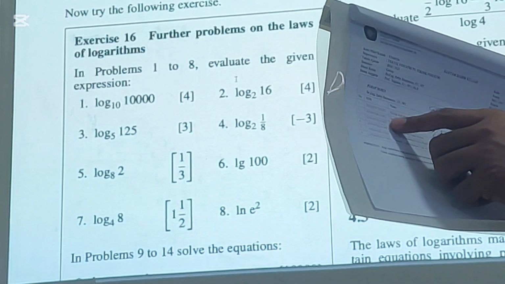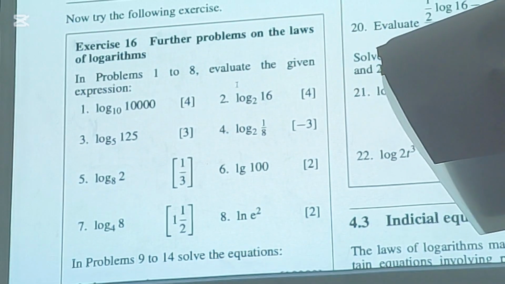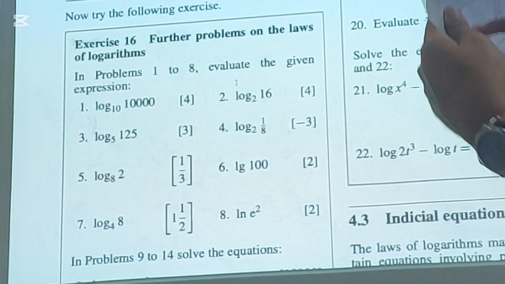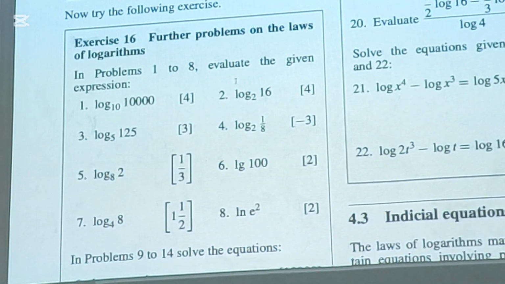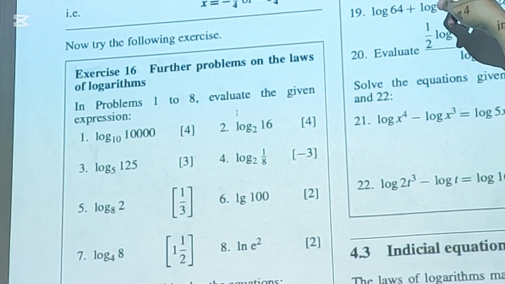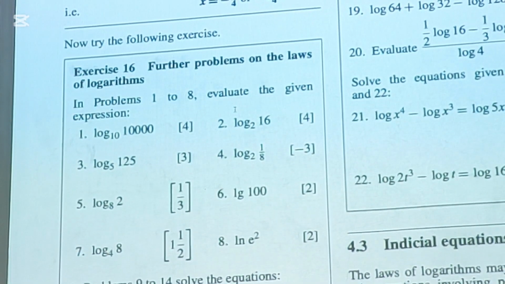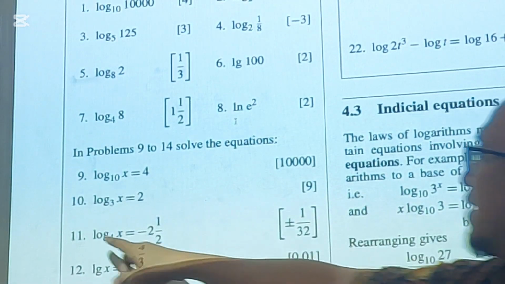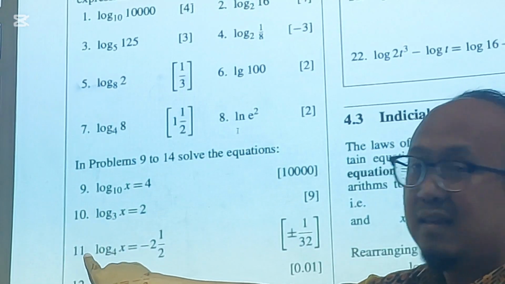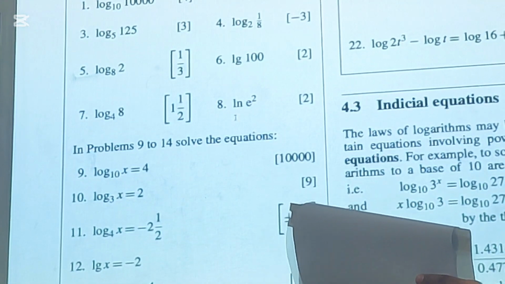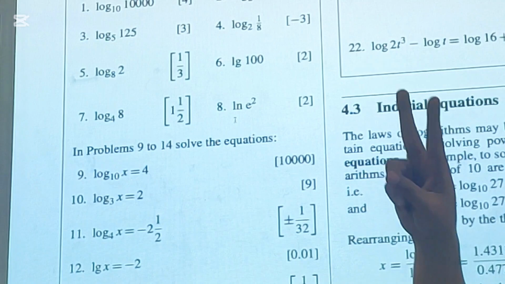For example, for Hafiz, your last digit was 1. So please choose number 1 and number 11. Then for Muhammad Fadel, your last digit was 2.